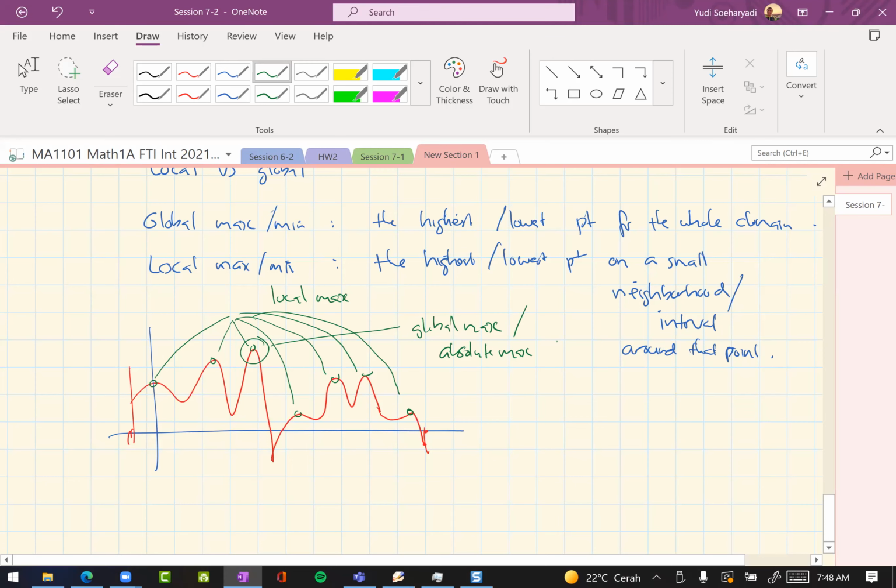Right? While here, those are the local min. And it seems that this one is also the absolute min.